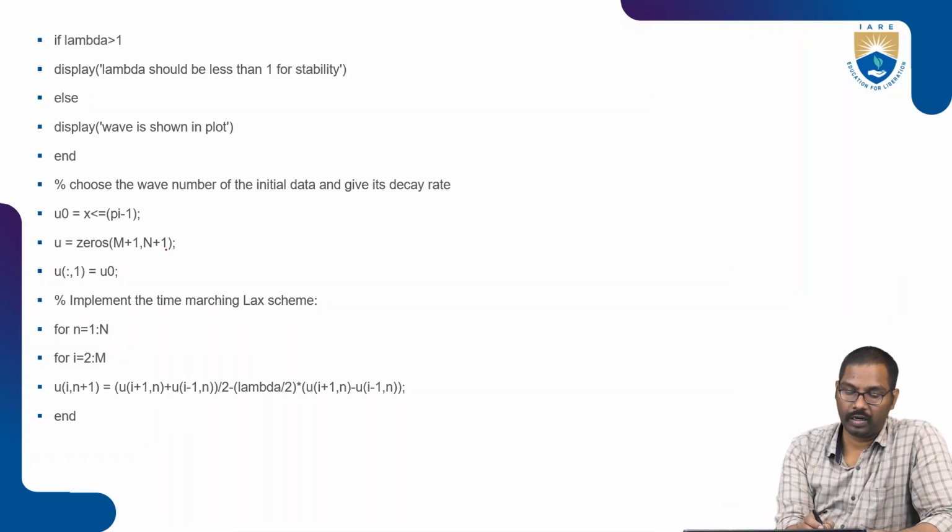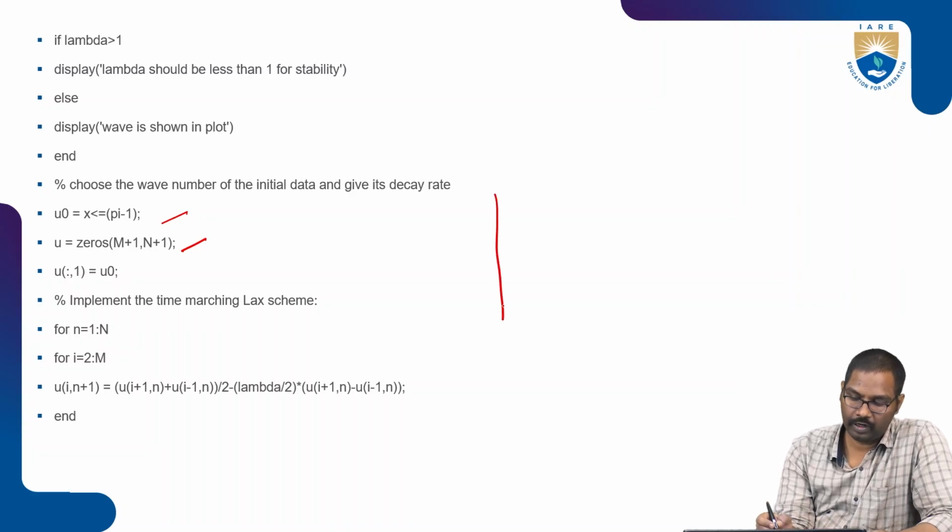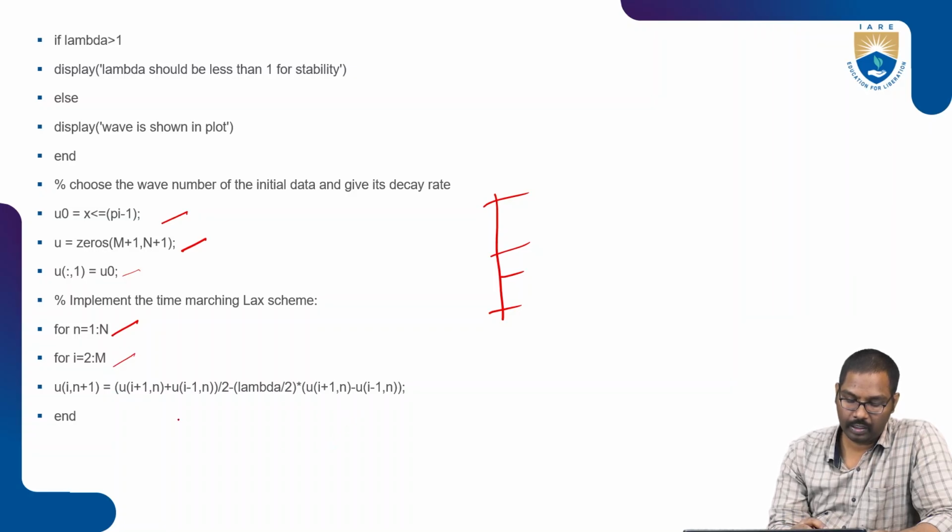Next we choose the initial data. The initial data is stored as zeros, and then we assign the initial data, the given values in the first column for all the rows, given by u0. Then we implement the time marching scheme, with n equal to 1 to N and i equal to 2 to M. We are solving it in place of j.